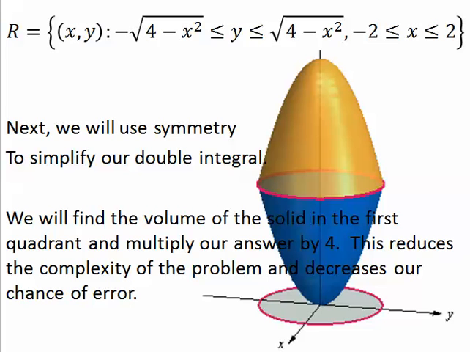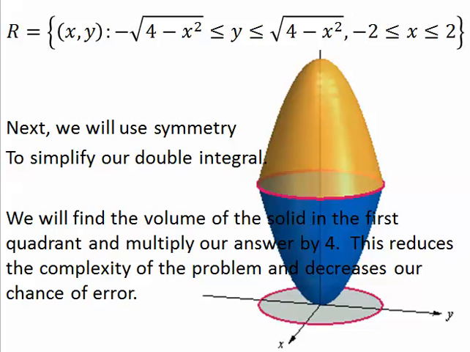Next, let's use symmetry to simplify our double integral. We will want to find the volume of the entire solid. What we will do is find the volume of the solid just in the first quadrant and multiply our answer by 4.